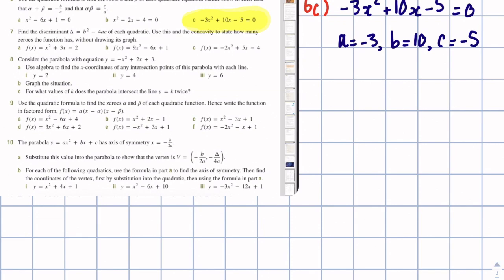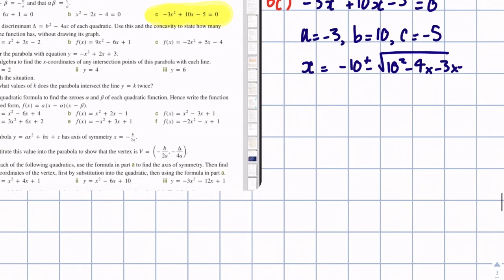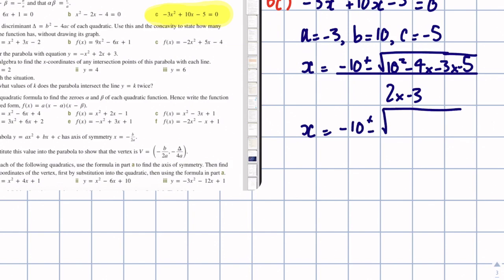So the quadratic formula, x equals minus 10 plus minus the square root of 10 squared, take 4 times negative 3 times negative 5. Wish I'd been able to fit that in better. All over 2 times negative 3, which is going to give me negative 10 plus minus the square root of 100, take 60.